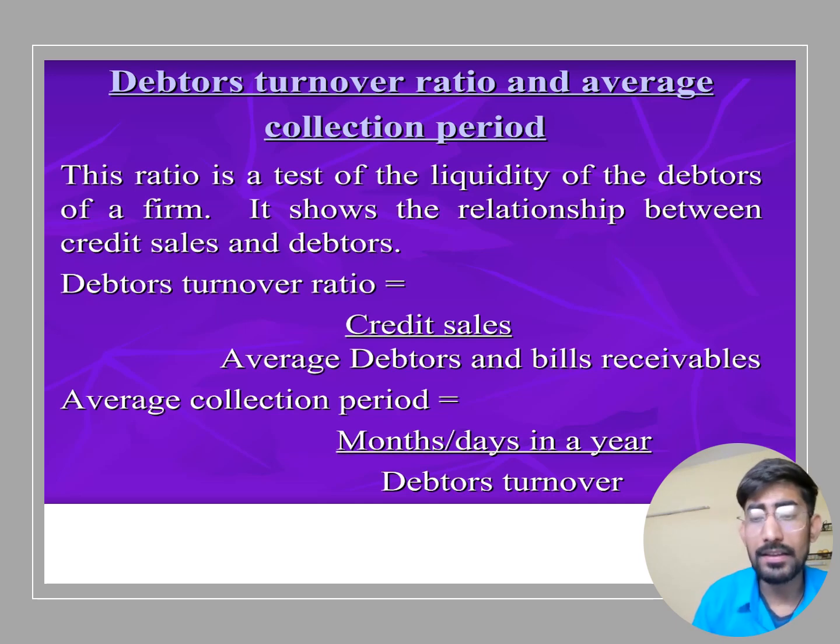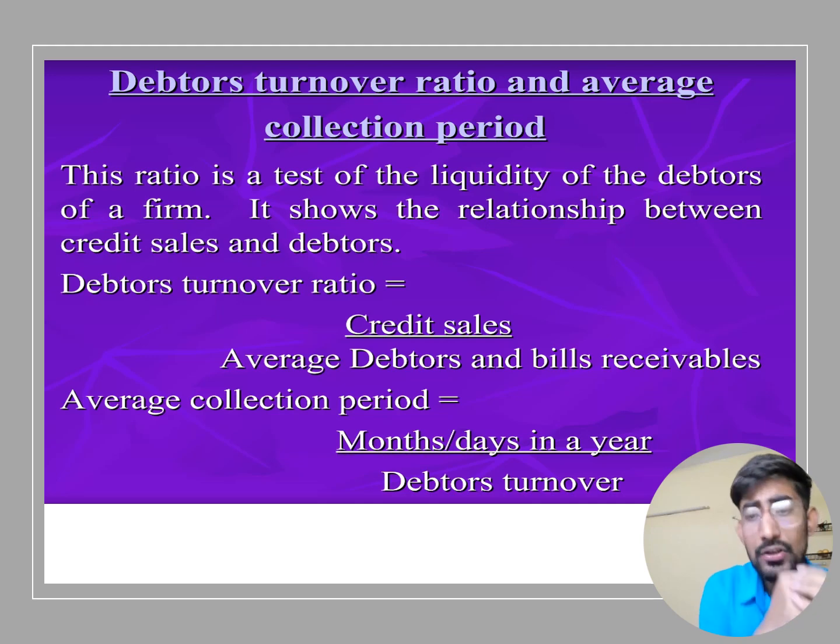In the cash sale situation, we sell something and the cash comes to us directly. But in the second situation, credit sales, we sell something on credit basis and then that party becomes our debtor. Let's say a person has sold something to a person or a firm or company, then they become their debtors, and then after debtors they become bills receivable, and then from the bills receivable we collect the money in cash.